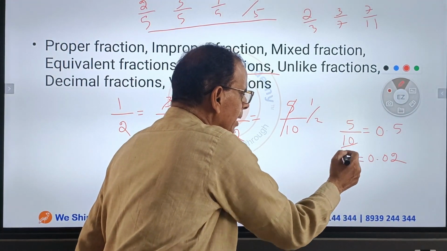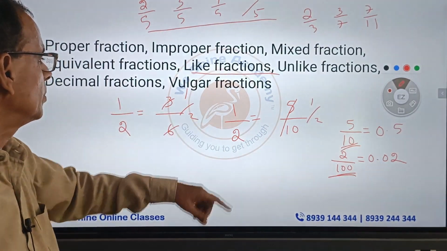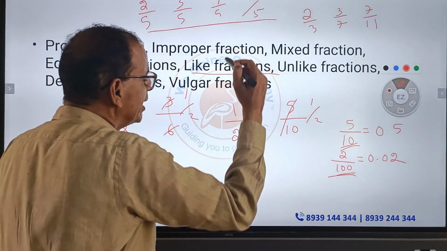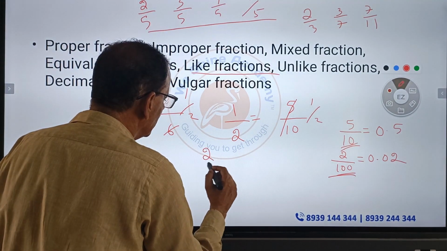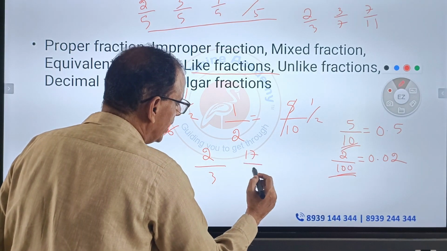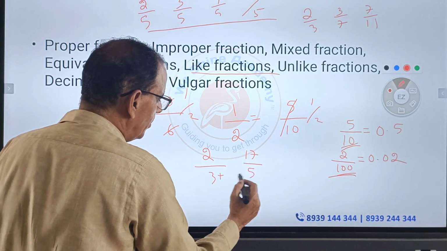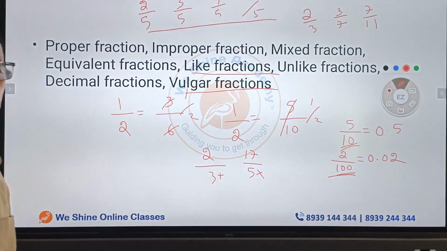Here all are in powers of 10. What is a vulgar fraction? When it is not in powers of 10, suppose 2 by 3, 17 by 5, then they are called vulgar fractions.